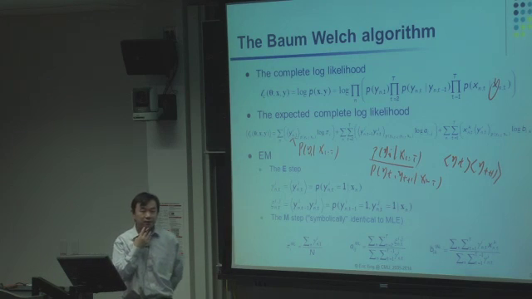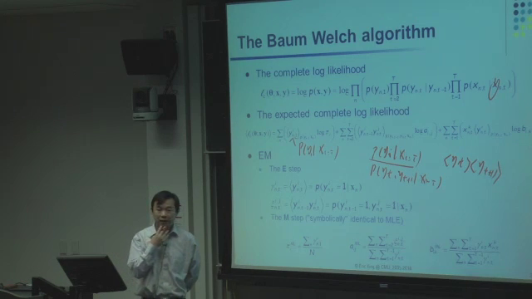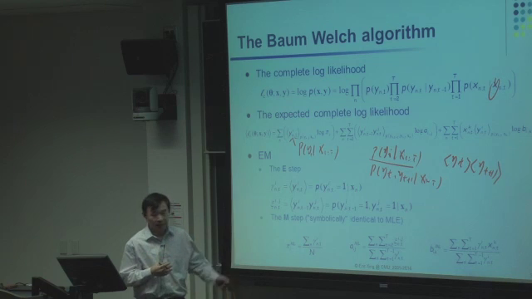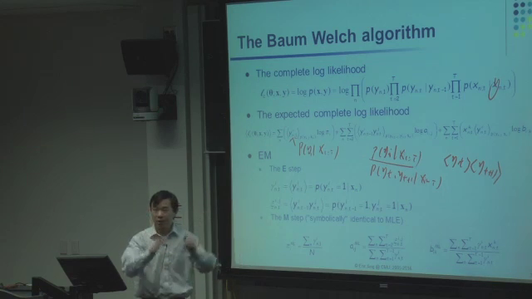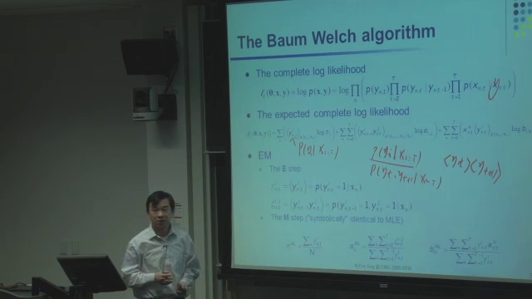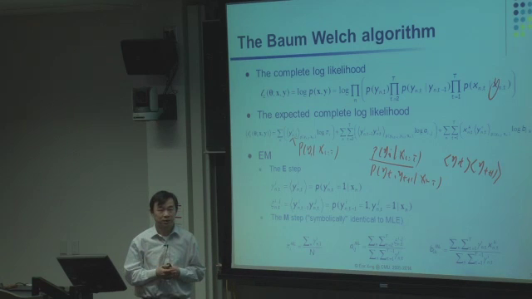Have we learned that? I don't remember I taught that. But on the other hand, we should know how to do that. Instead of asking for a marginal over a particular node, we are looking for a potential function over a pair of nodes.